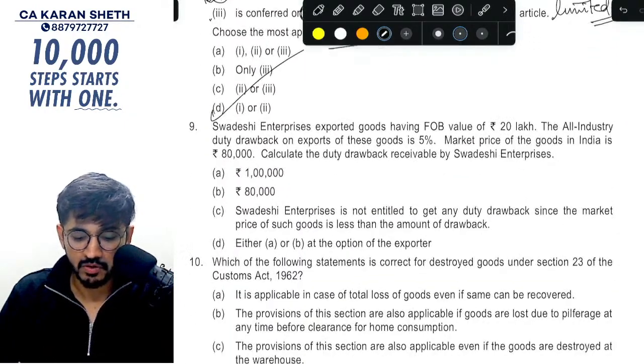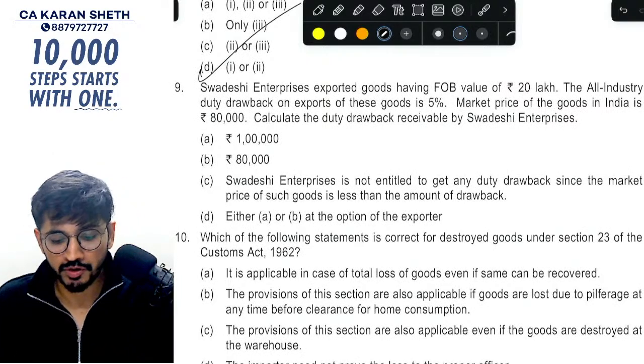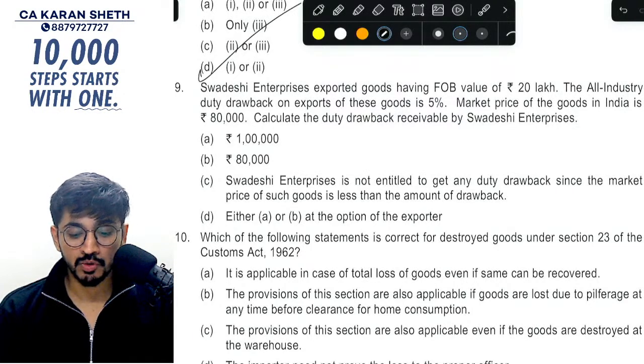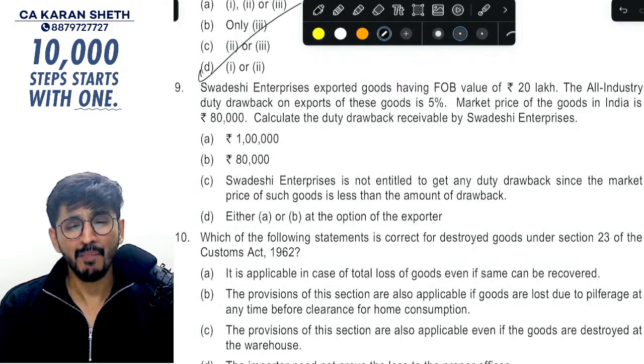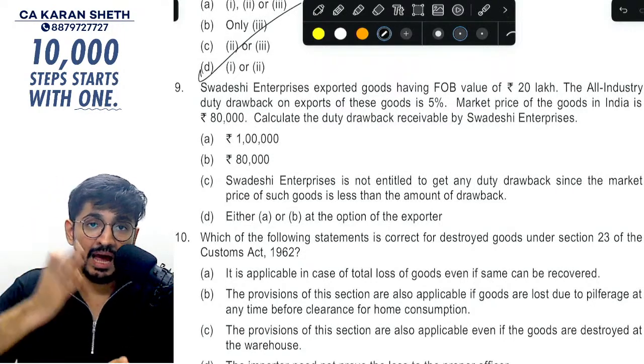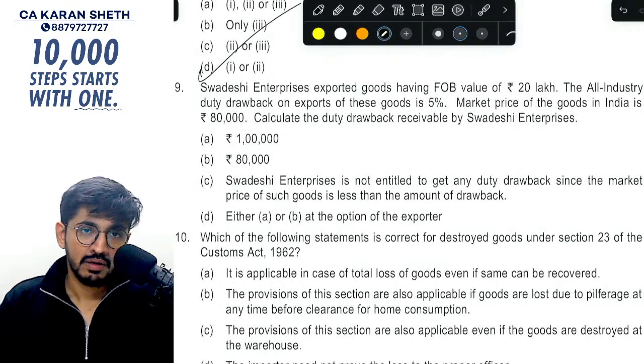So D point. 9th, my dear friends, Swadeshi entrepreneurs exported goods having FOB value of 20 lakhs. The all industry duty drawback happens to be 5%, and the market price of the goods in India, if the goods which are being exported happen to be sold in India, is 80,000.